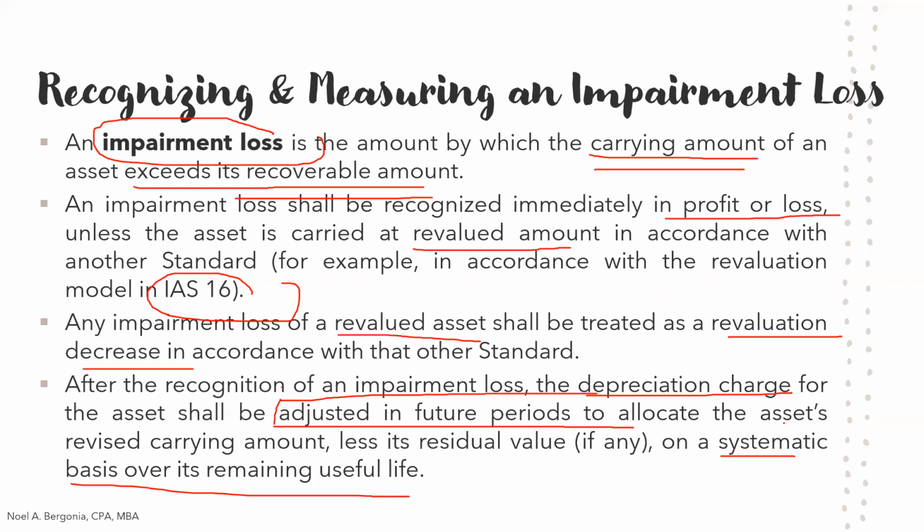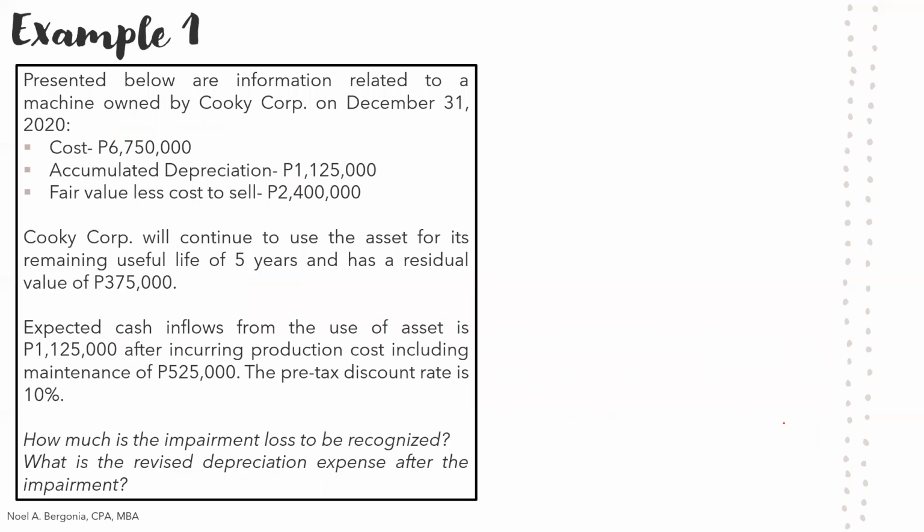So let's start with example number one. You are being asked how much is the impairment loss to be recognized and the revised depreciation expense after impairment. Kaka-discuss lang natin sa previous slide, di ba? So let's read the data.